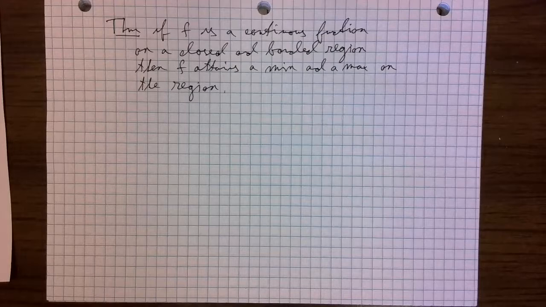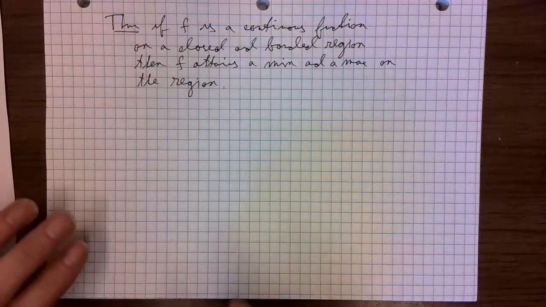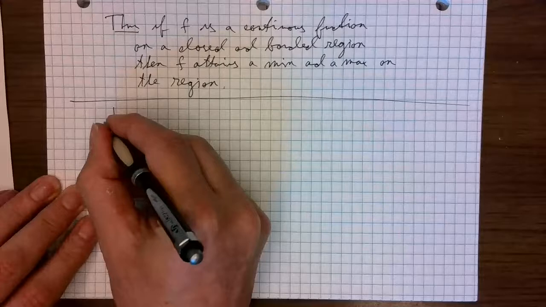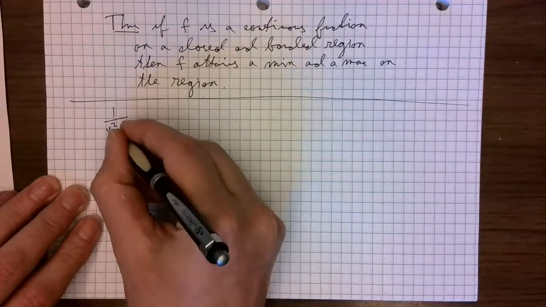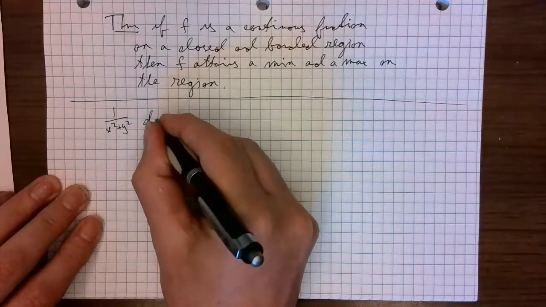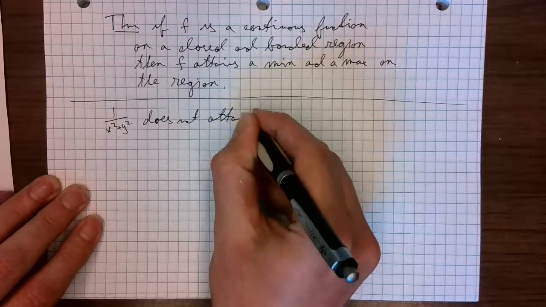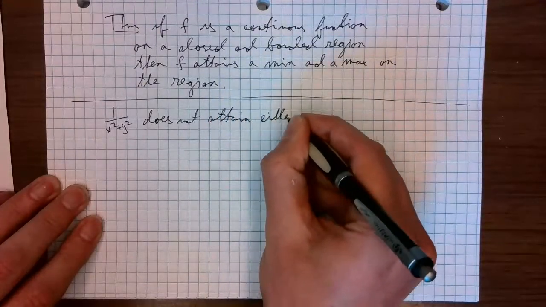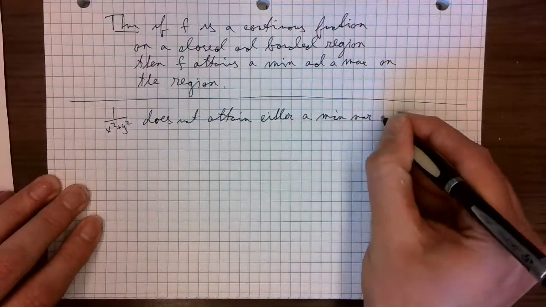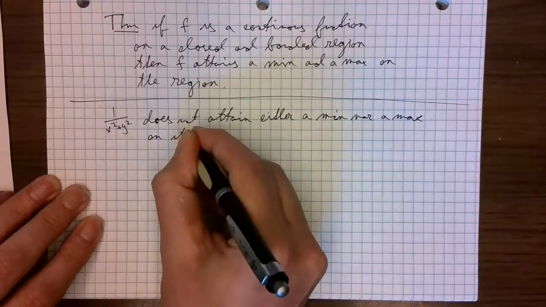So let's maybe first get some non-examples out of the way. For example, 1 over x squared plus y squared does not attain either a min or a max on its domain.